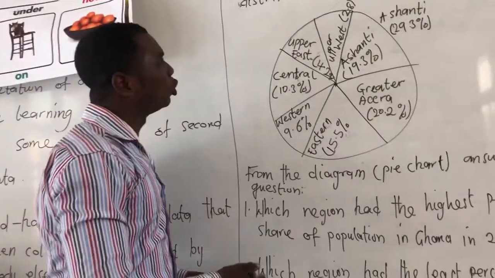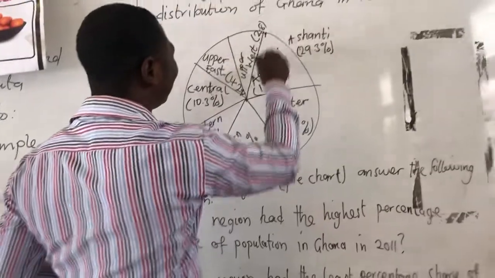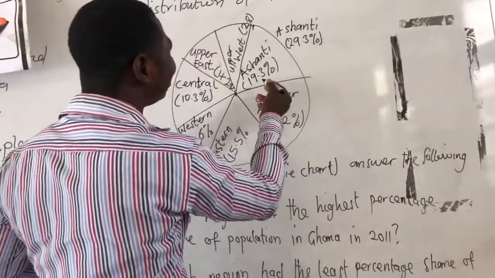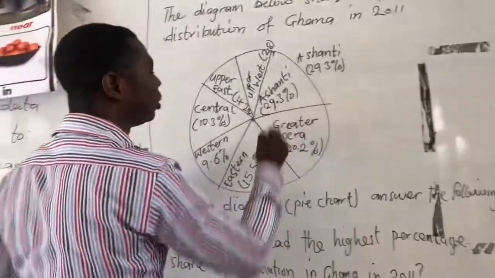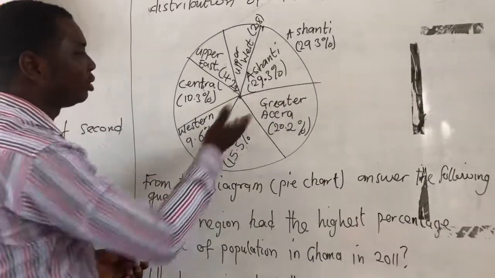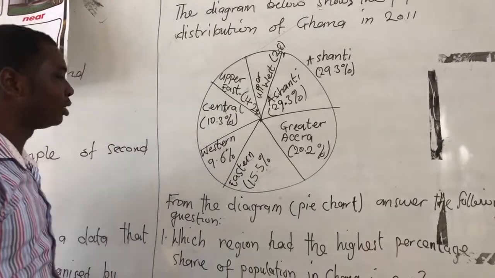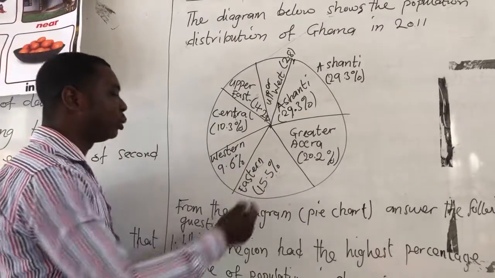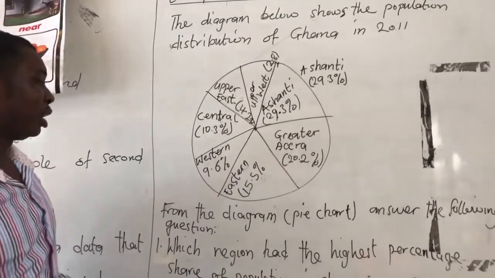Look at the data. Let's start from here. Ashanti region, we have 29.3. Greater Accra, we have 20.2%. Eastern region, we have 15.5. Western region, we have 9.6.